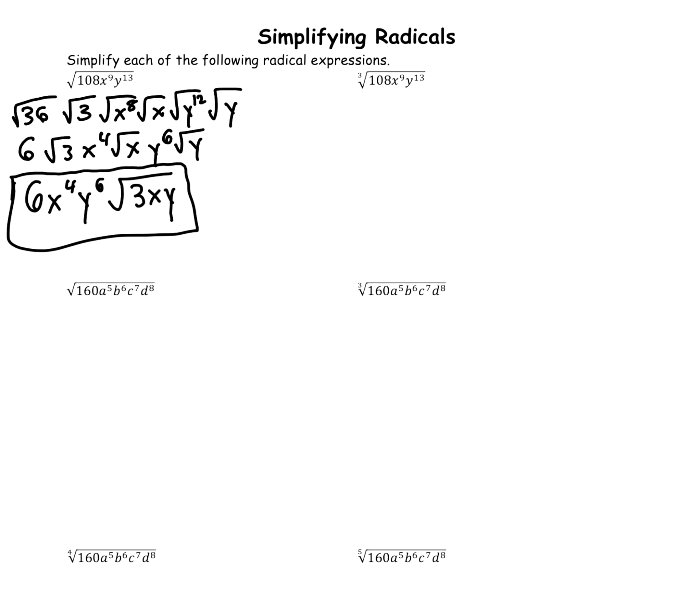So when we simplify this, instead of the square root of 108, we're going to think about it as the cube root of 108 times the cube root of x to the 9th times the cube root of y to the 13th. So we're not looking for perfect squares anymore. We're looking for perfect cubes.